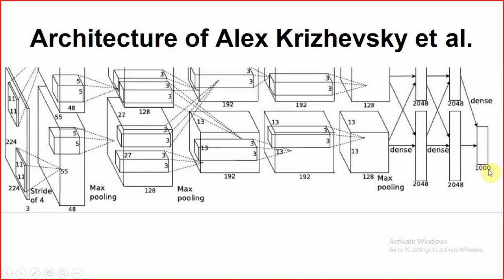So we have 1000 classes, so we have one layer here with exactly 1000 neurons. When I give it one image, one of these outputs will be maximum. We consider that one as the predicted label.